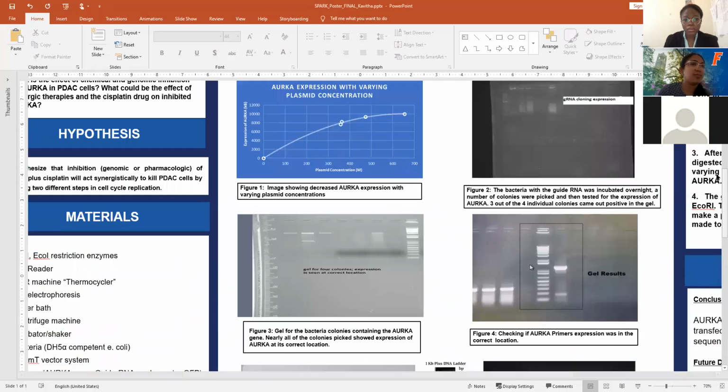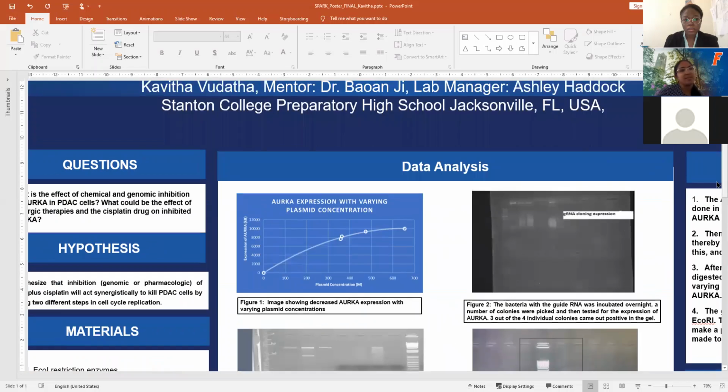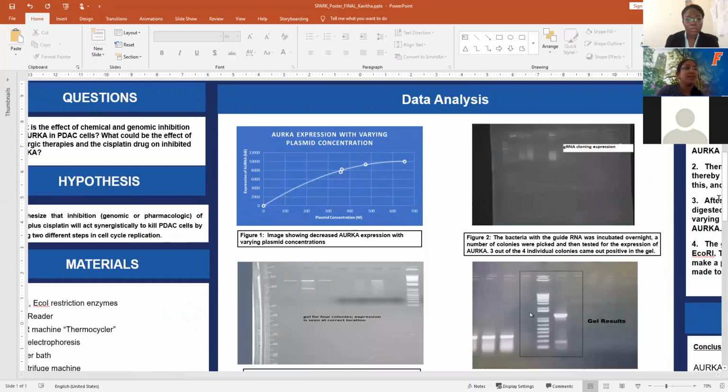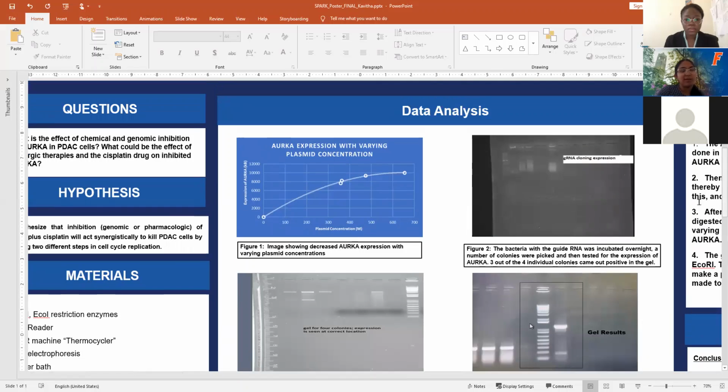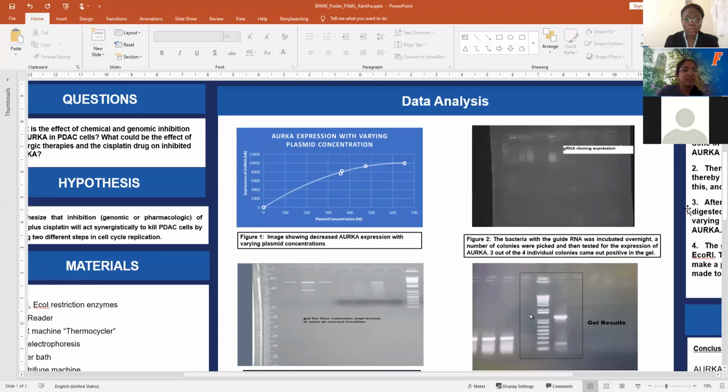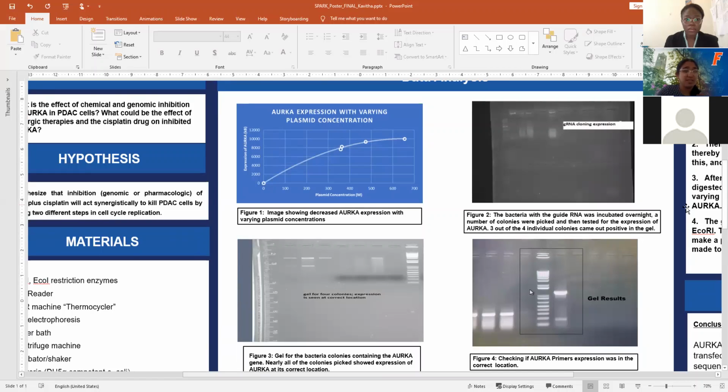So, in the data analysis section, honestly, it depends on what your project is, right? For my project, at least the first part, this is only year one, there wasn't a lot of what I would call Excel data that you turn into a graph. It's more along the lines of taking pictures of my data analysis and explaining it as I go.